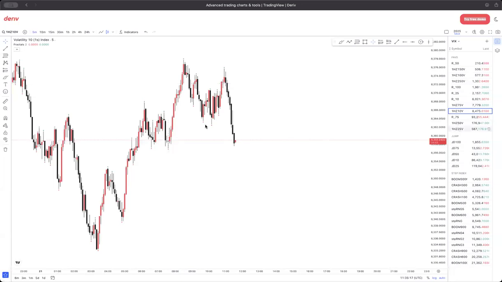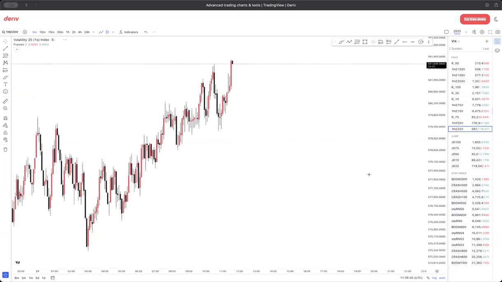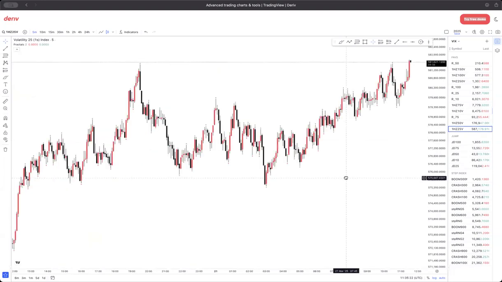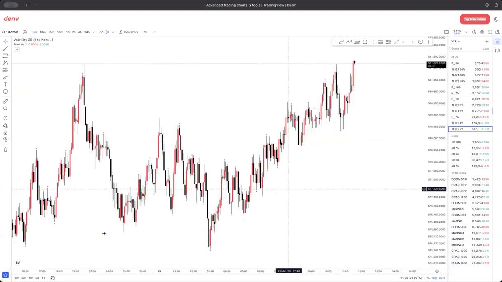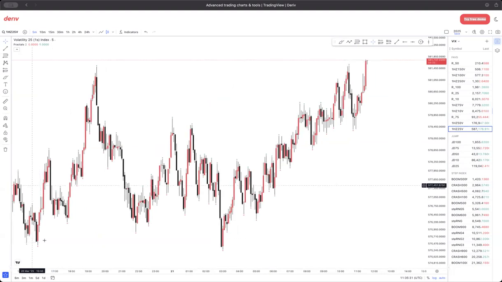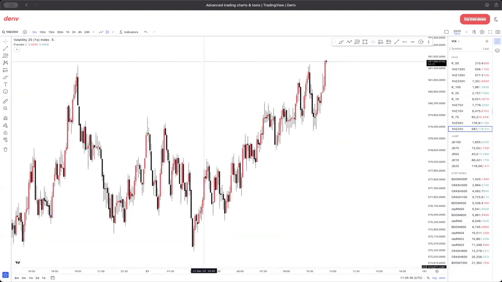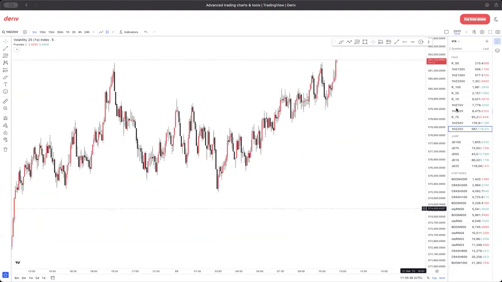I think I have something on V25s. No, it didn't. I've not really entered trades this week. I've not really seen anything good in the market. But let me check if I can see something to use as an explanation for you guys.